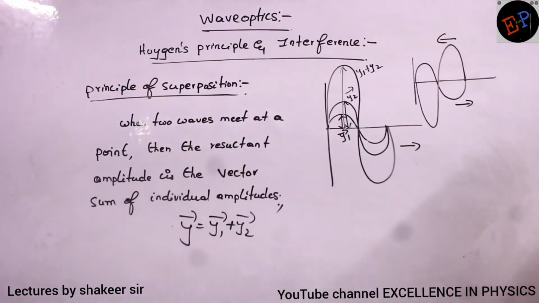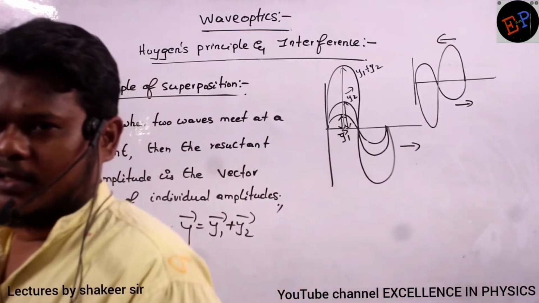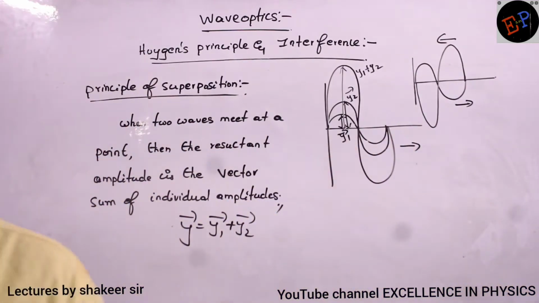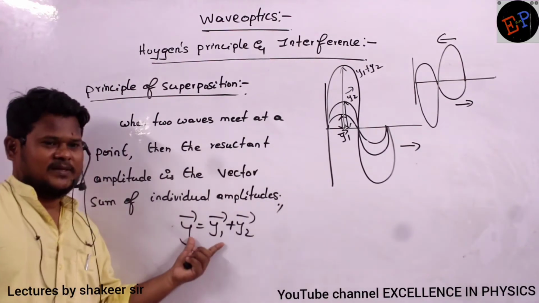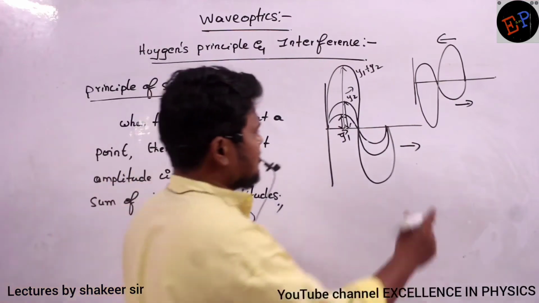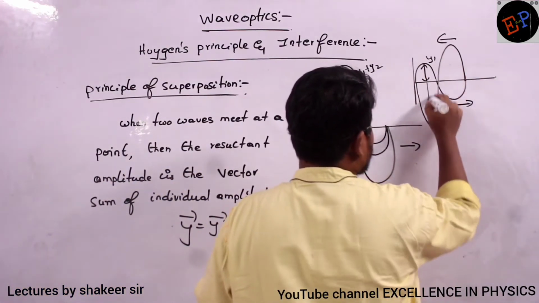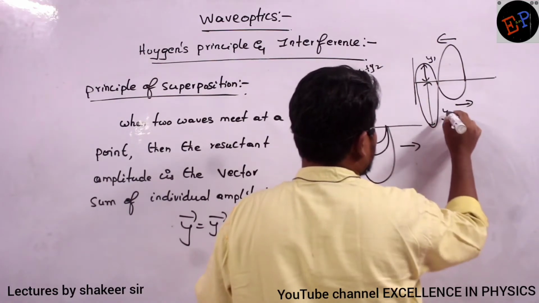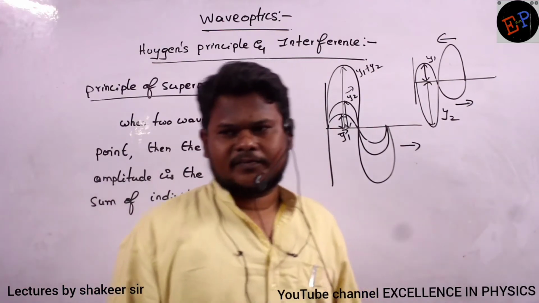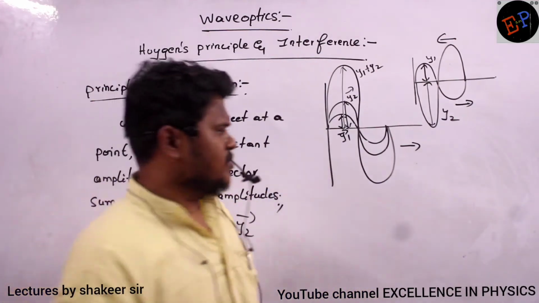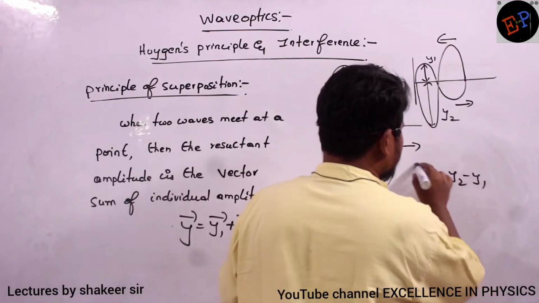Now how can I draw the resultant amplitude here? You have to subtract, that's it. Consider this is y1 and this is y2. Are they equal? No. Which one is bigger? y2 is bigger, so y2 minus y1 will be my resultant.